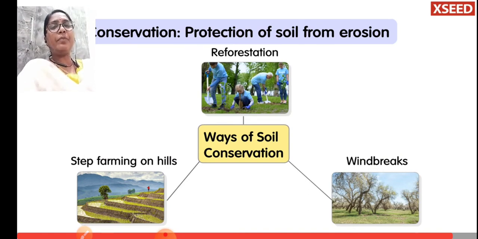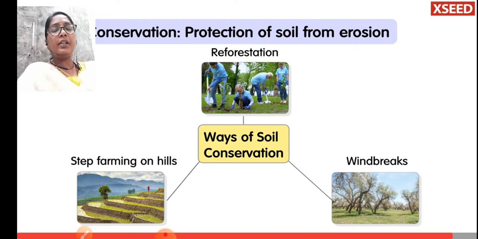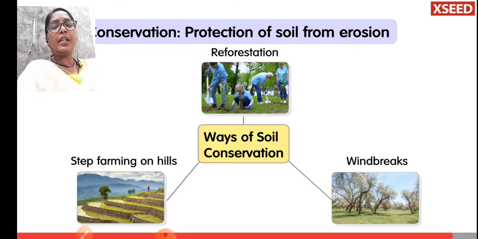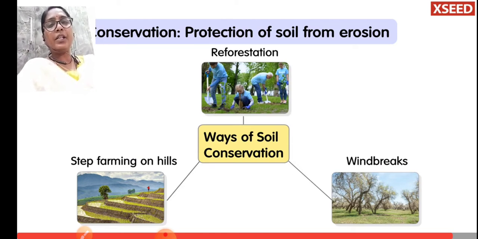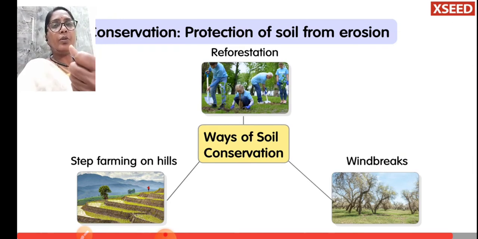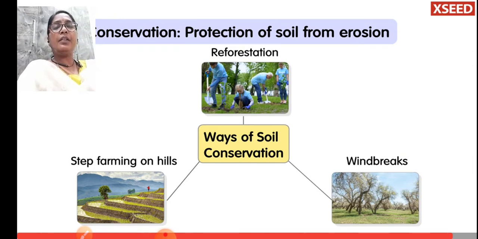And by step farming, when we do step farming on topsoil, when you water, that water can come to the next layer, from the next layer to another layer. So here plants are there, they'll hold the topsoil, then soil erosion won't take place.